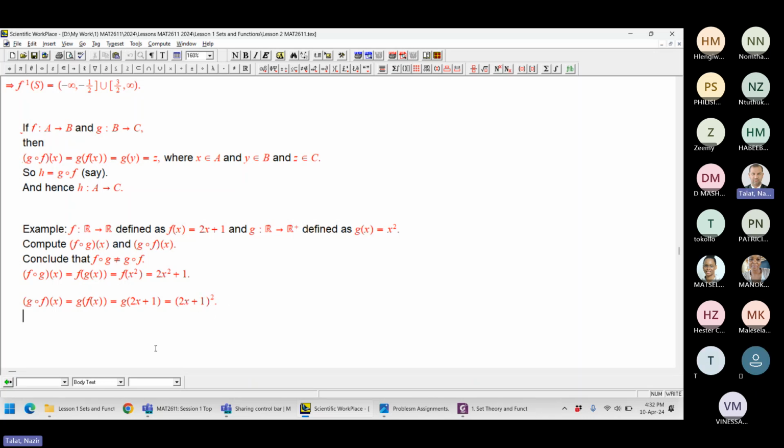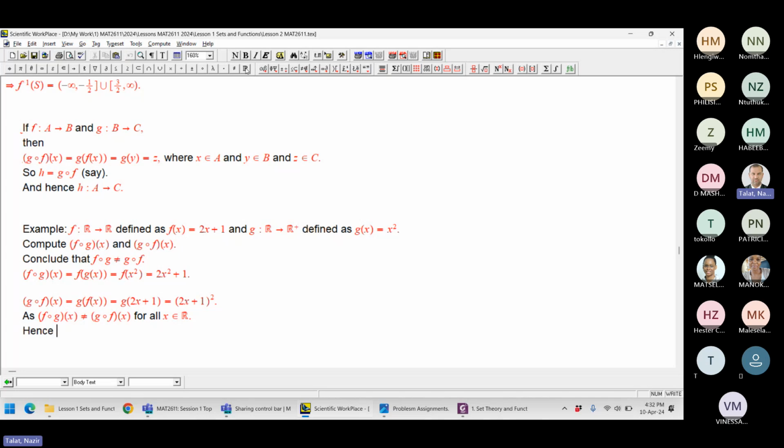It means these maps do not commute. So we can mention here that f o g of x is not equal to g o f of x for all x coming from the domain set of f o g and g o f.